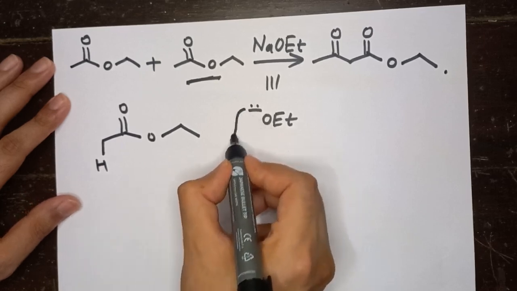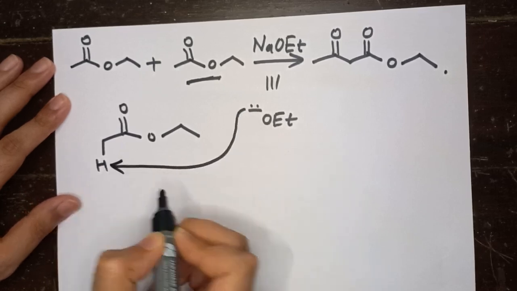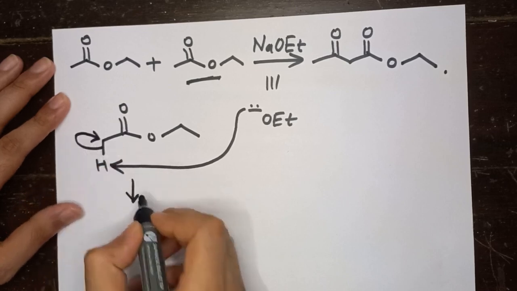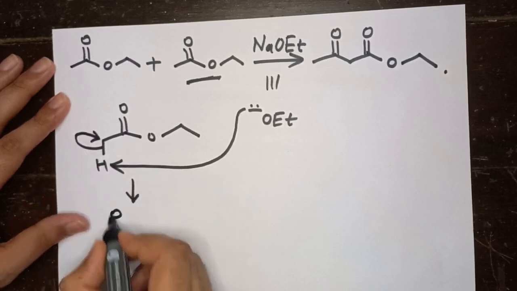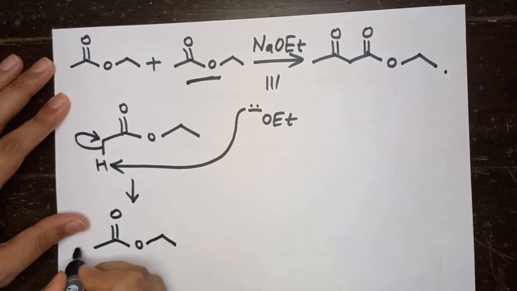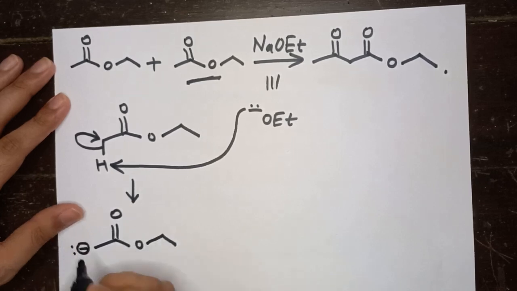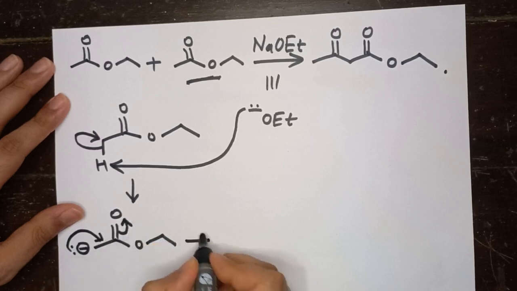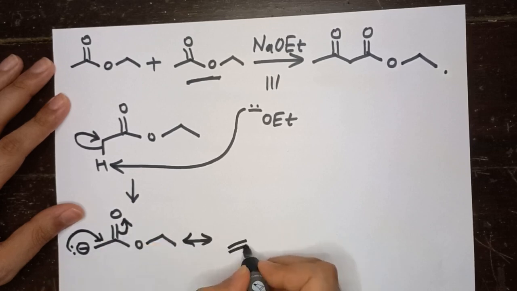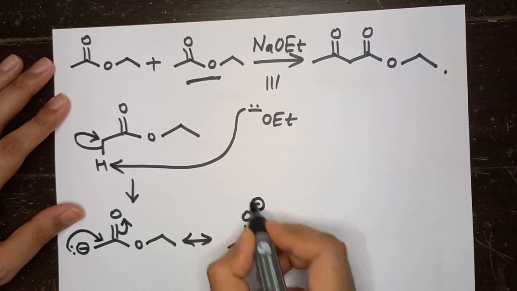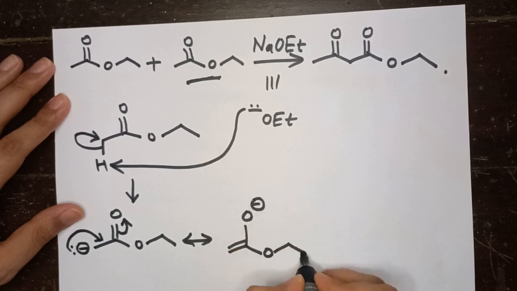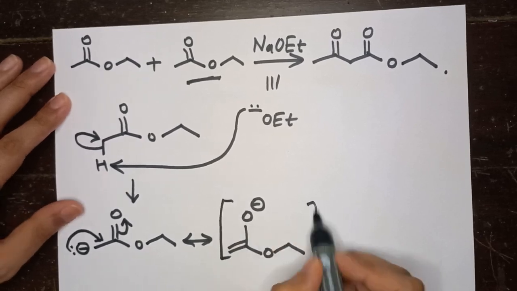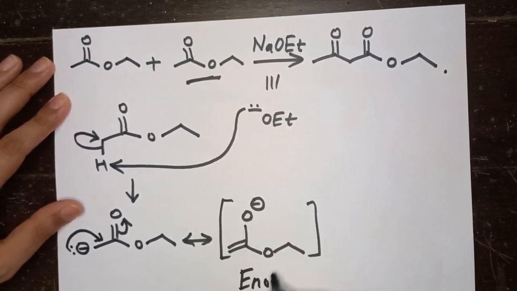This base will grab this proton and generate a carbanion at this position. This can also undergo resonance with this carbonyl to generate an enolate. So keep in mind that in acetoacetic ester condensation, we are generating an enolate.